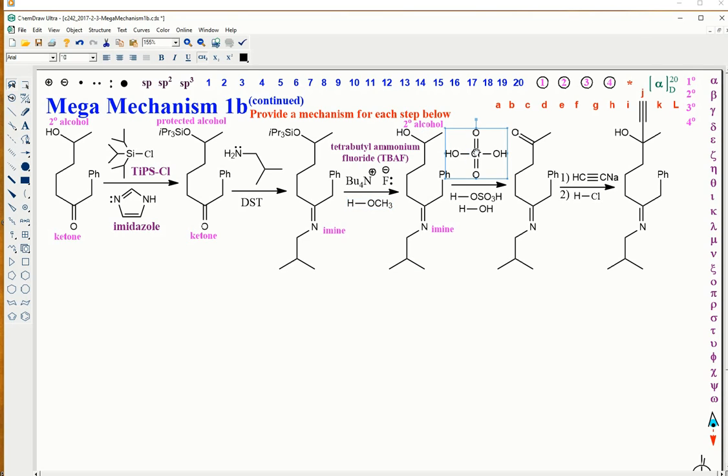Next step involves using chromic acid to convert the secondary alcohol to a ketone. Acetylide is the nucleophile that will react with a ketone to create a tertiary alcohol. Propargylic alcohols are analogous to allylic alcohols.